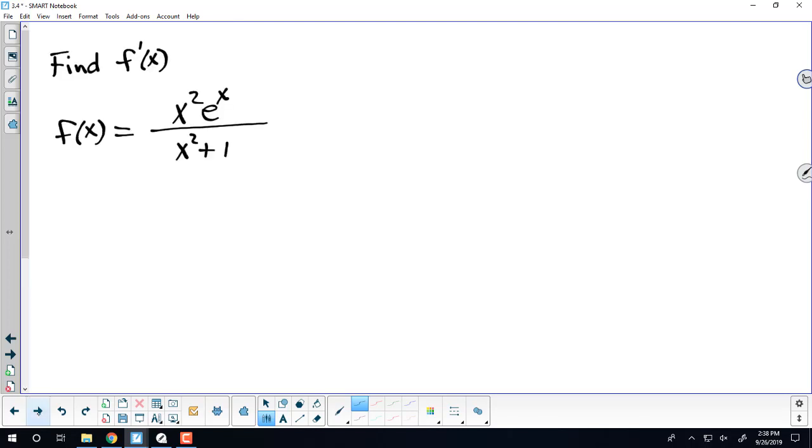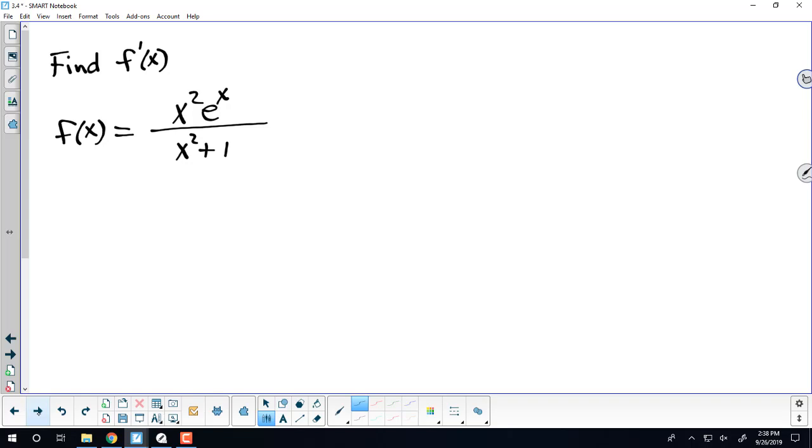Okay, so find the derivative of x squared e to the x over x squared plus 1. So what's the overall structure of this function? It's a quotient, right? Don't pick at little pieces of the function before you take the derivative.